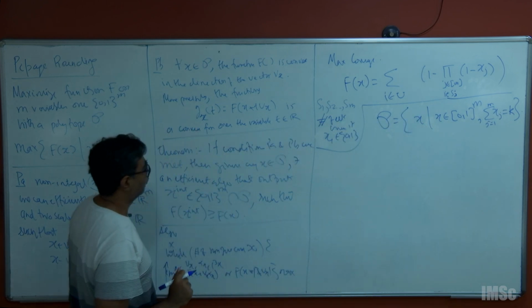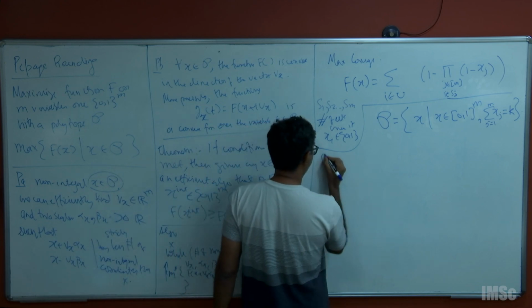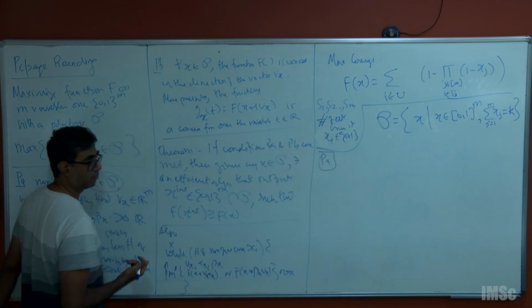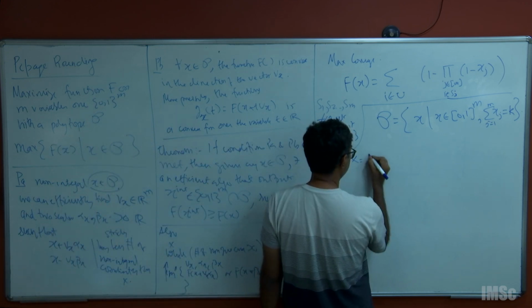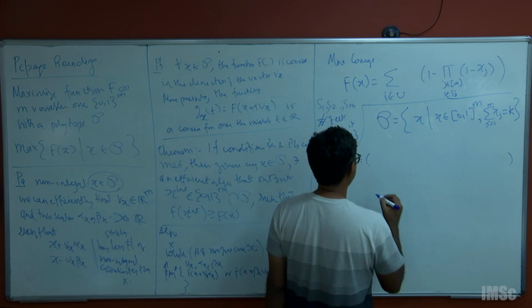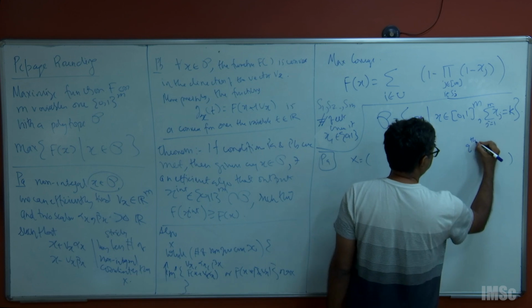Now I have to show to you that it satisfies the PA property. So you gave me some x, which is an m length vector. Suppose this is the pth coordinate and suppose this is the qth coordinate.